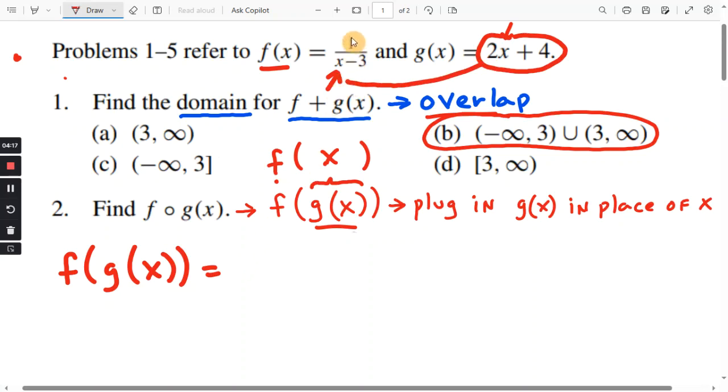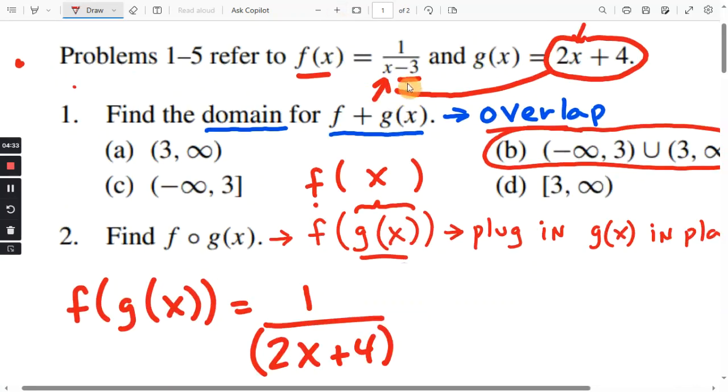All right, so it's going to be 1 over x minus 3, which means 1 over, instead of the x, we write 2x plus 4, and that is minus 3. So it's basically 2x plus 4 minus 3.